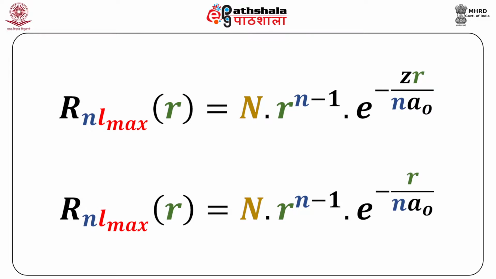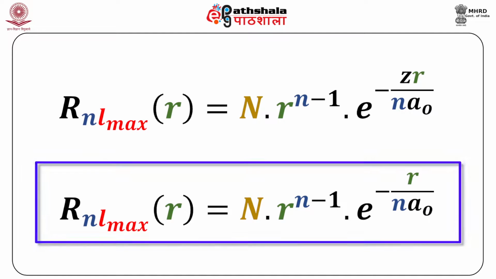Now for the hydrogen atom, Z is equal to 1. Therefore, the corresponding radial function becomes R_nl(r) equal to N r^(n-1) e^(-r/na₀).